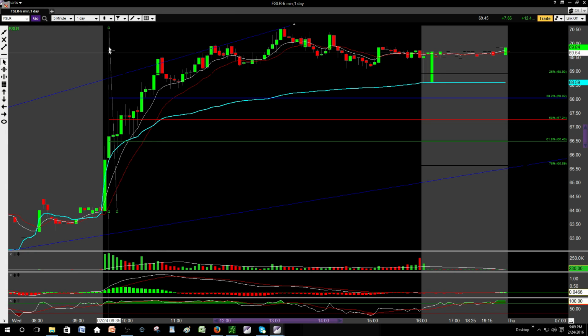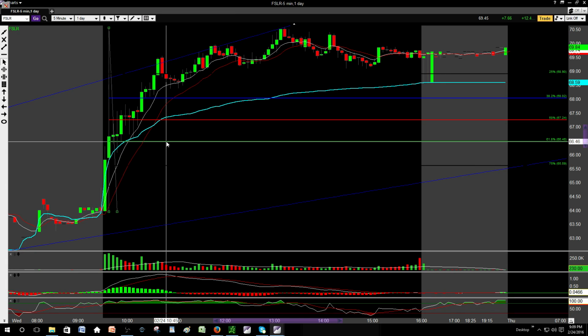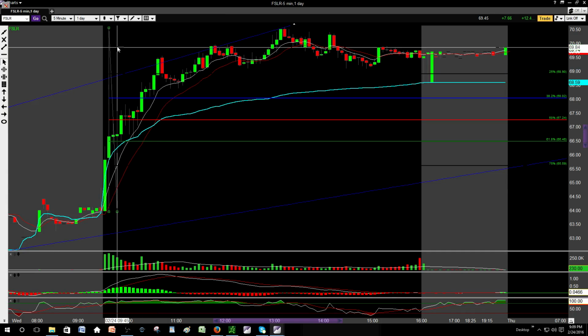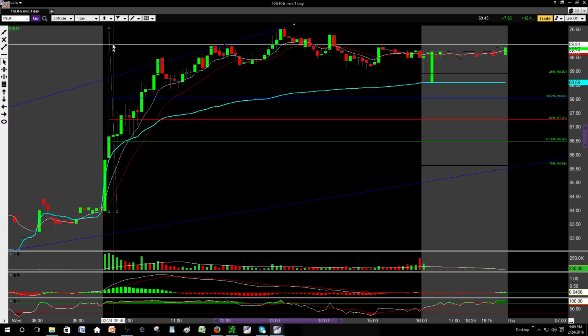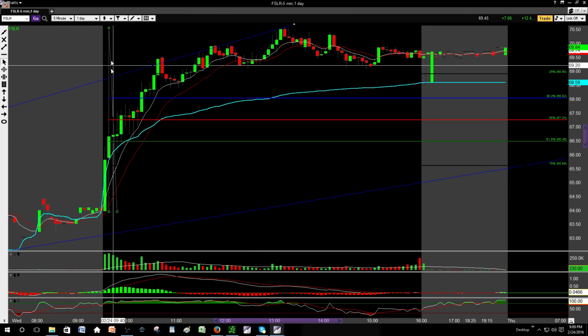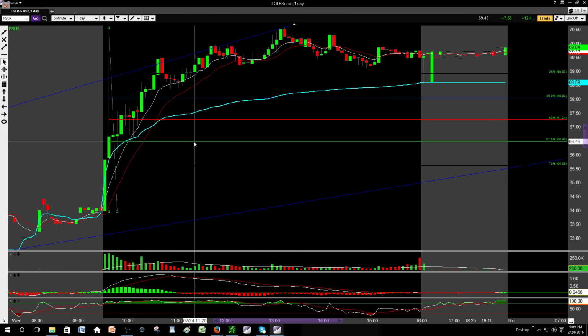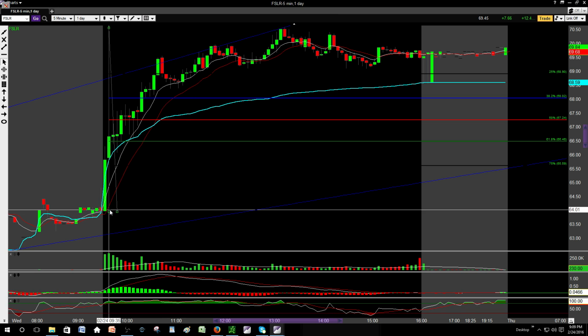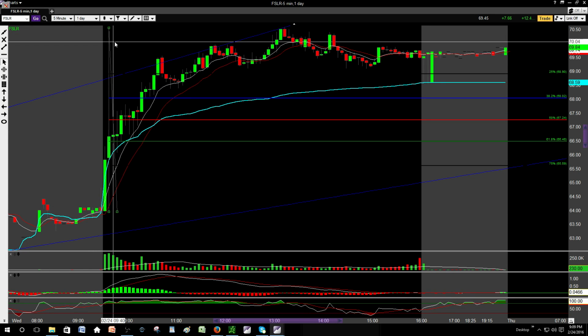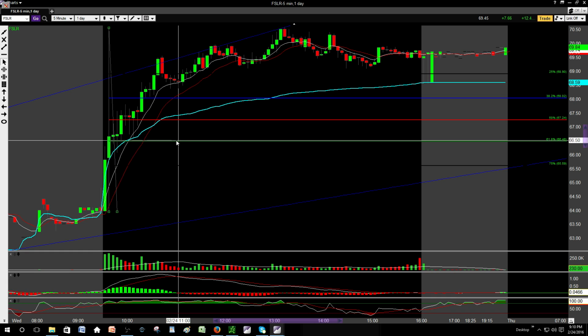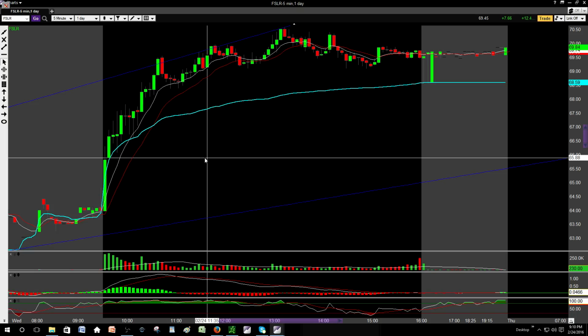So this pullback here to 62% is called a golden retracement, or golden ratio, as far as the Fibonacci world is concerned. But I kind of just eyeball it, honestly. I look for a pullback of a little more than half, and obviously 62% is a little more than half. So if this was a parabolic move straight up here, and then the pullback would be there, I just look for a little bit more than half pullback.